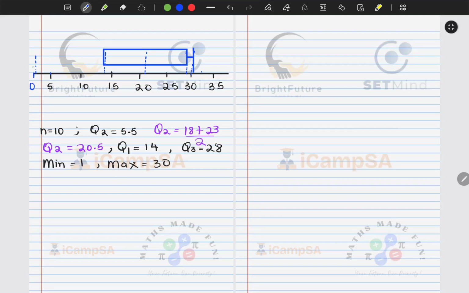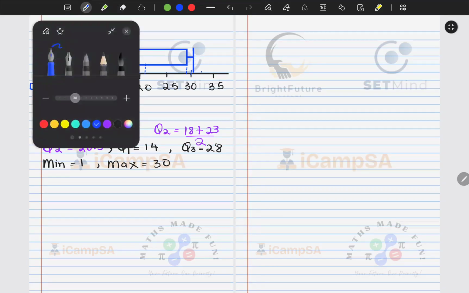And then we have another line here connecting to that. Right. Now you can just erase and make this look a bit neat. Right. So this is what we have. Okay. And I hope that this does make sense.